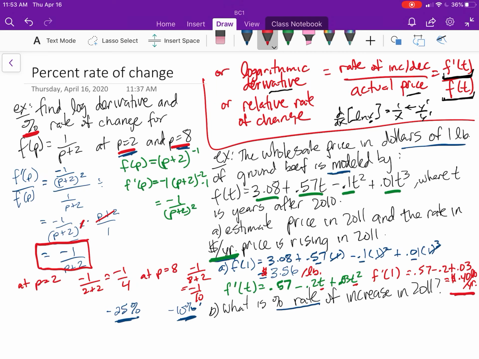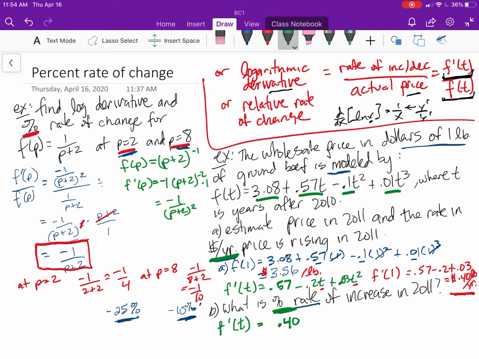Okay. So last one, what is the percent rate of increase? So this should be kind of old skills here, but for a percent rate of increase, we need the change. So in calculus notation, we need the rate, right?